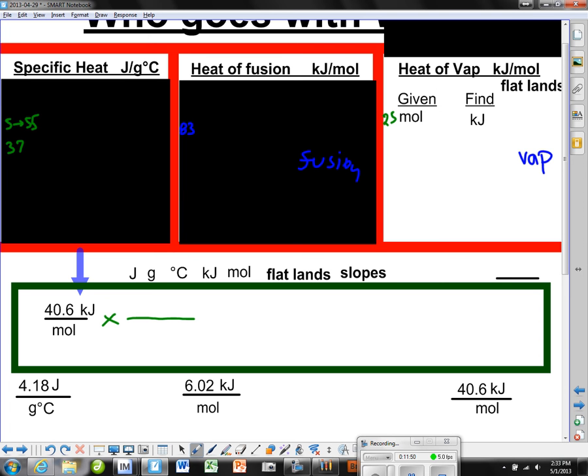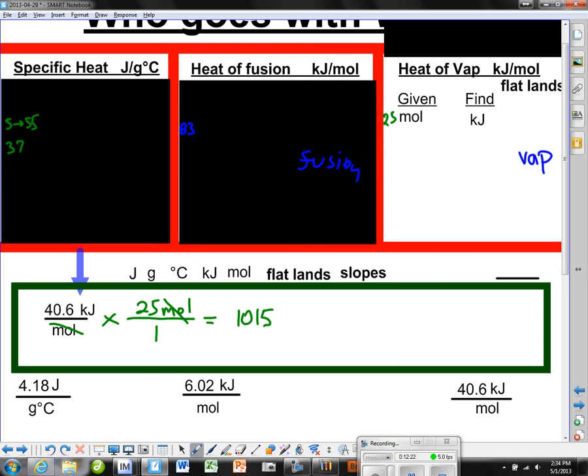Okay, so we got how many moles? 25. Yeah. 25 moles over 1. Good. Okay, so moles go away, and what's our number? 25 times 40.6 is 1015. So how many sig figs do we have? Here, I'm going to write it: 1015.